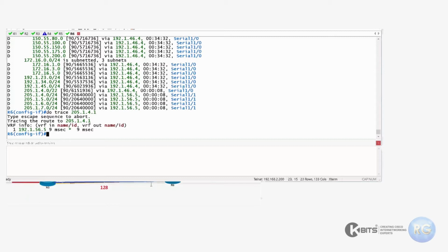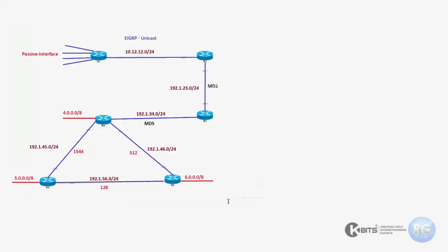Now, one question for you guys. This is a slow link, I agree. But take a look at something that's happening over here. Where is all the traffic from 5 going towards, or let's do it the other way around. It doesn't matter which way. Let's say I'm from 6 towards that 205 network. Which path is being used?